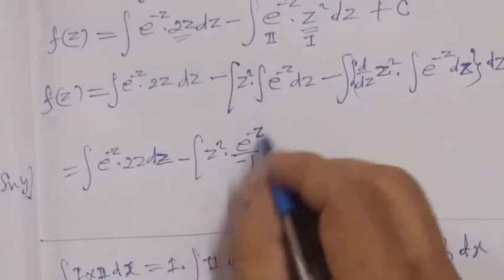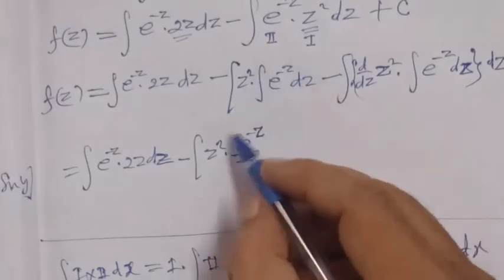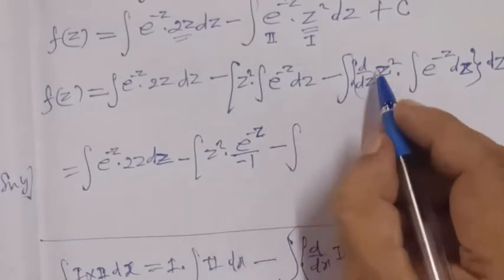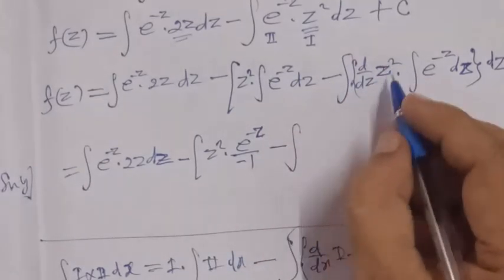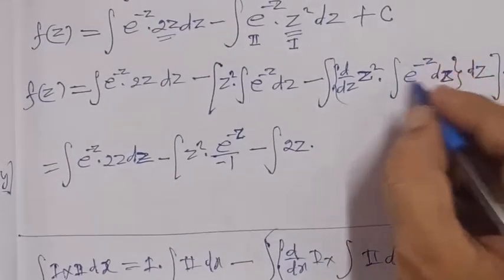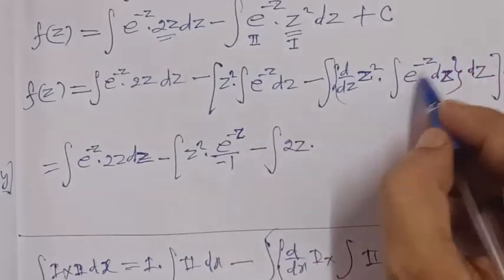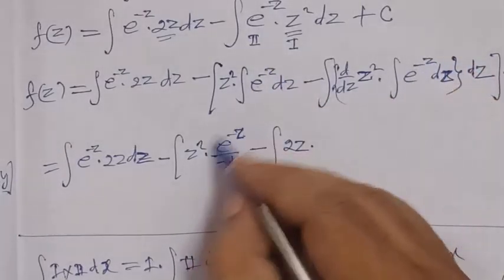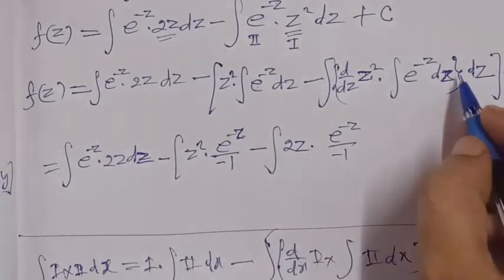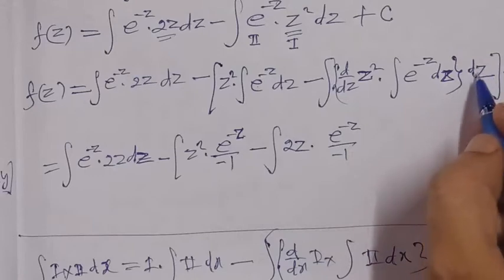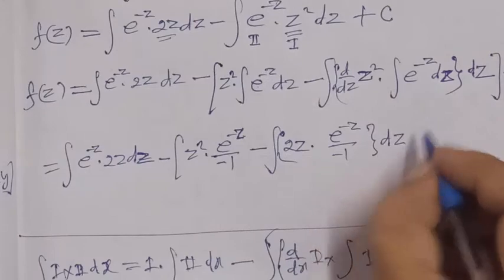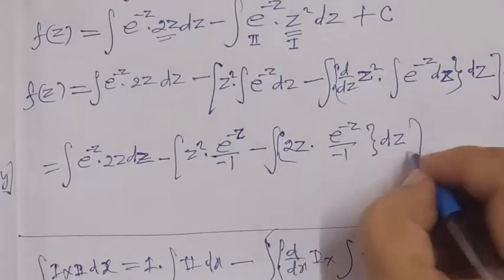So we divide by minus 1, this is the integration of e to the power minus z, minus the differentiation of z square with respect to this, so we write 2z here and the integration of e to the power minus z, the same value, so we write e to the power minus z upon minus 1 and write dz, after multiplication we integrate with respect to z, close bracket plus c.